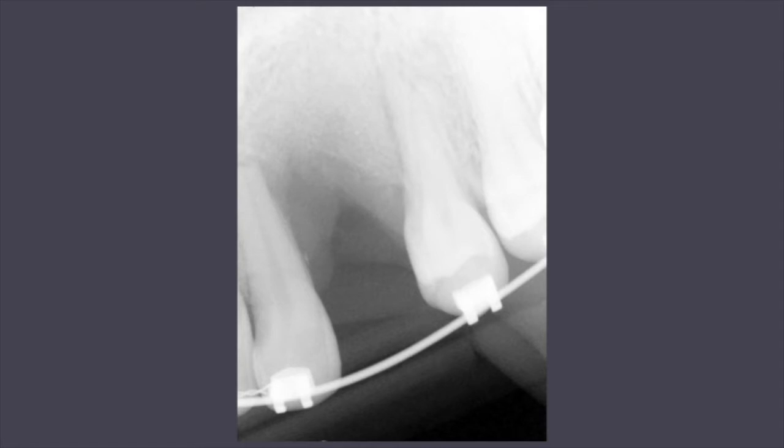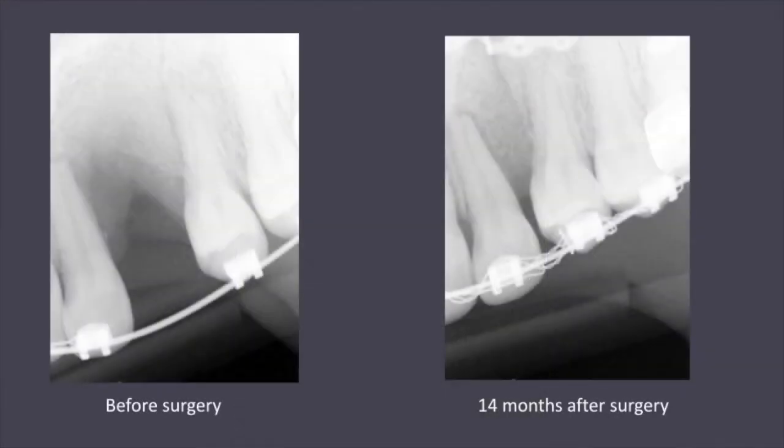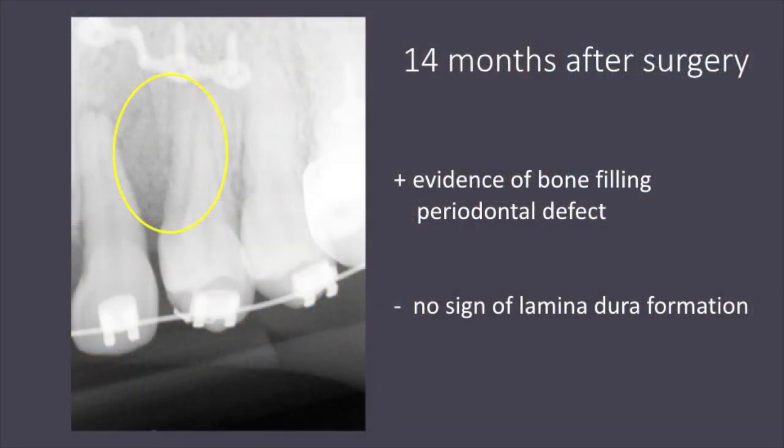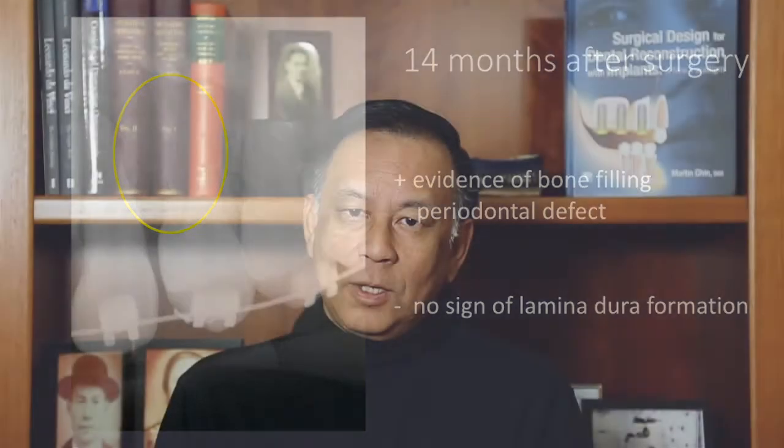Now, before surgery, we can see this defect on the radiograph. After 14 months, we can see that the dental arch has been reconstituted by the transport of the premolars and molars forward. Examination of the reconstruction site itself shows there is mineralized material there which is filling the site, which is a good sign. However, it does not verify total regeneration.